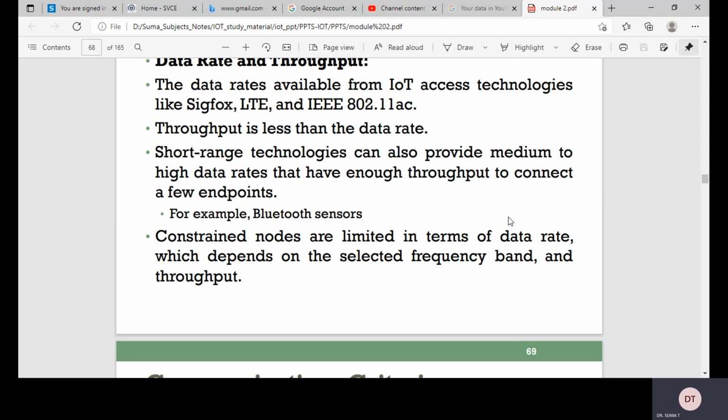The solutions focus more on footprint and battery lifetime than on data rate. The IoT access technologies developed for constrained nodes are optimized for low power consumption, but they are also limited in terms of data rate, which depends on the selected frequency band and the throughput. With a data rate ranging from 100 bps to less than 1 Mbps, you may think back to the years when bandwidth was a scarce resource.